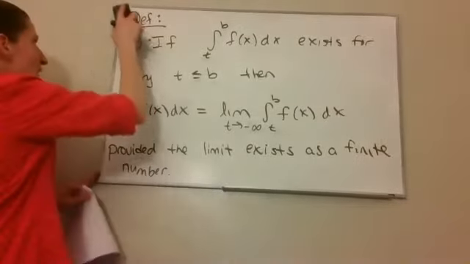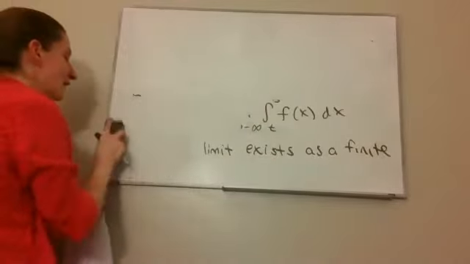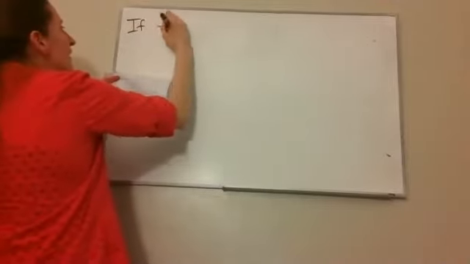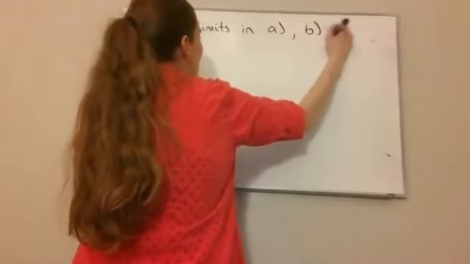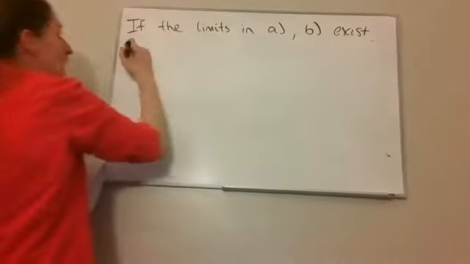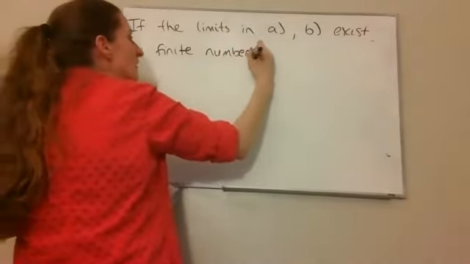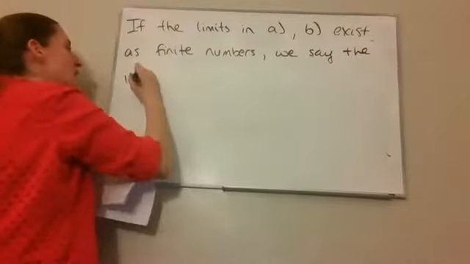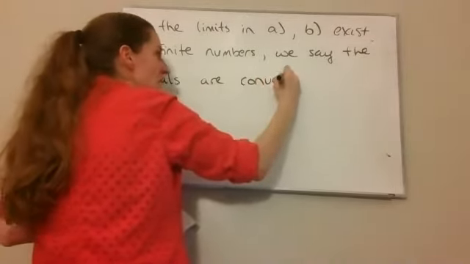Now, we say that both of these types of integrals here are convergent if that limit exists as a finite number, and otherwise we say it's divergent. So if the limits in A and B exist as finite numbers, we say the integrals are convergent.